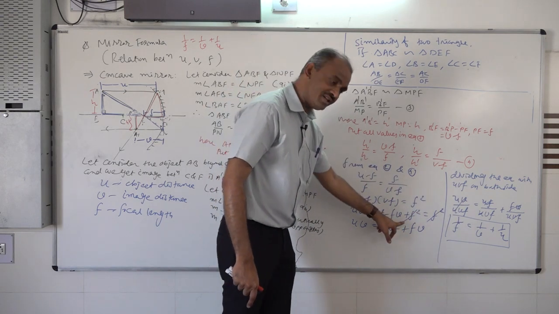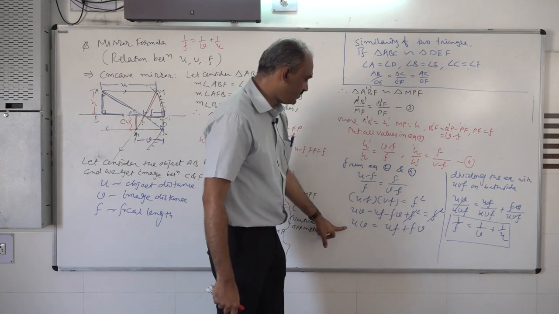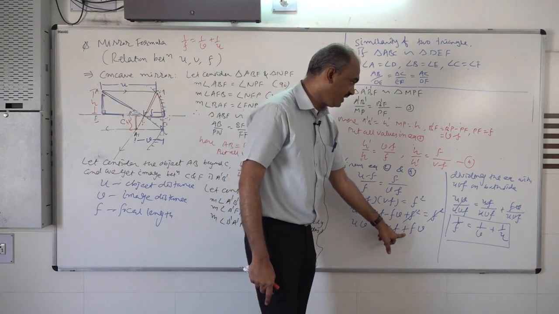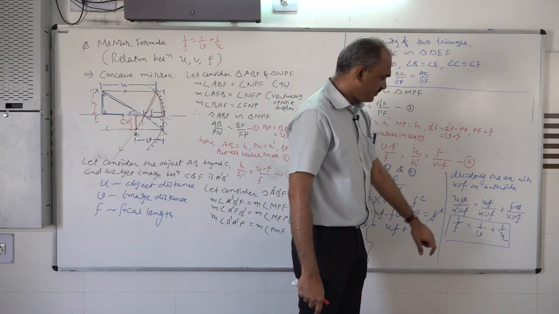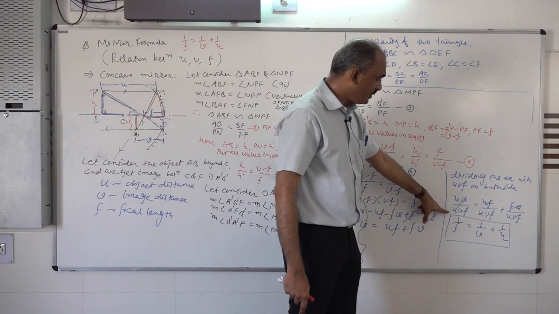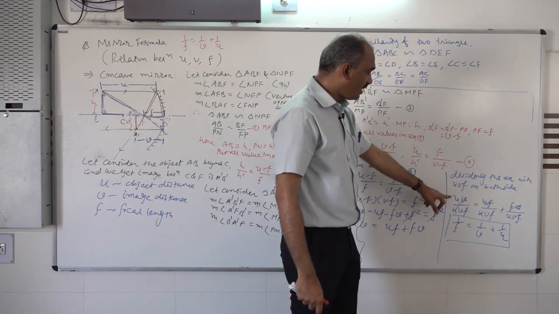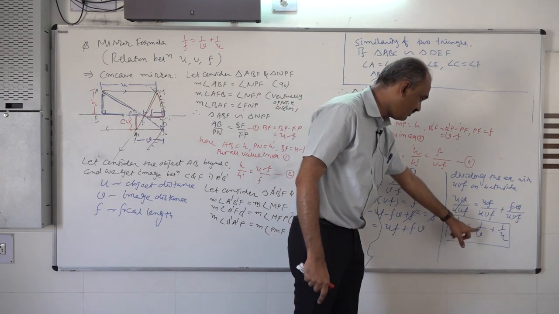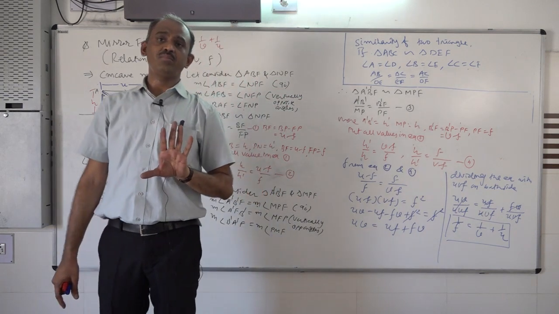So f square is cancelled, and transferring terms to this side, we get uv is equal to uf plus fv. Now we divide both sides by uvf, so we get uv upon uvf, uf upon uvf, fv upon uvf. By solving this, we get 1 upon f is equal to 1 upon v plus 1 upon u. This is the mirror formula.